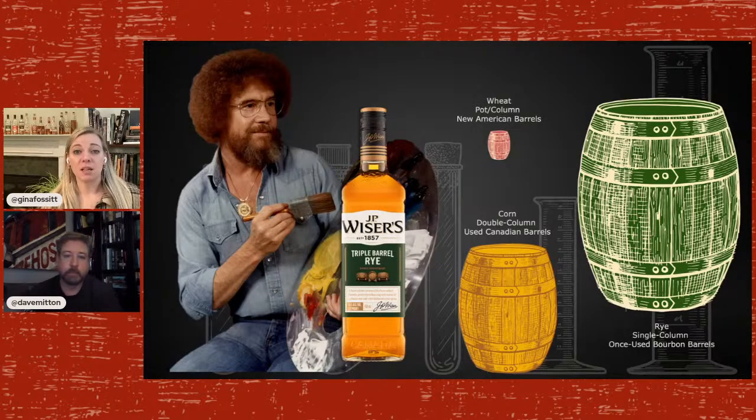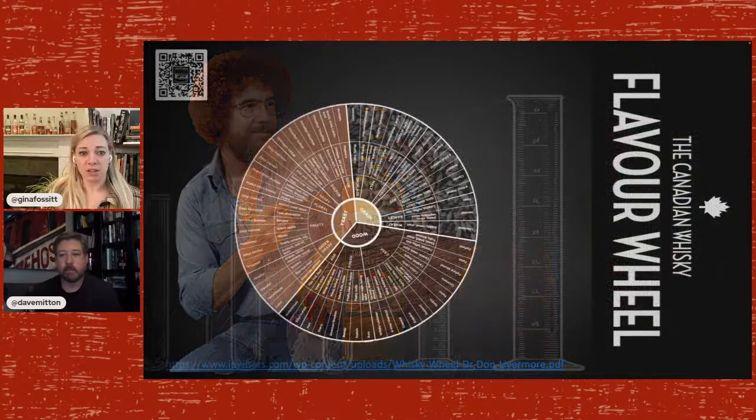And then wheat, a concentrated pot distilled wheat whiskey with bready notes, aged in brand new American oak. So nice vanilla, caramel, even a little coconut going in there from those barrels, right? Okay, so back to our flavor wheel.